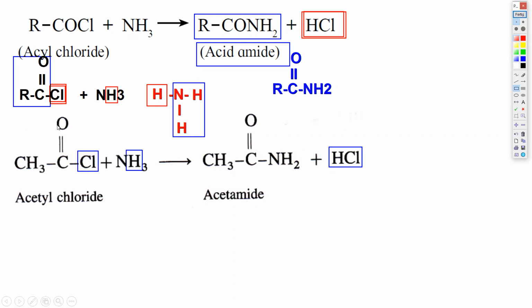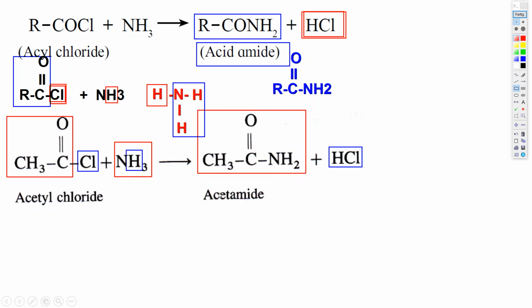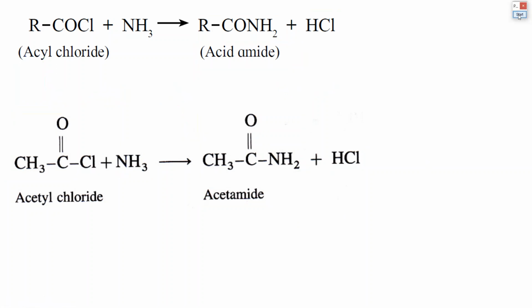So the major product is like this. What is the major product? CH3C=O NH2. So this CH3C=O, and NH3 becomes NH2. So joining this part, CH3C=O NH2, we call it acetamide.